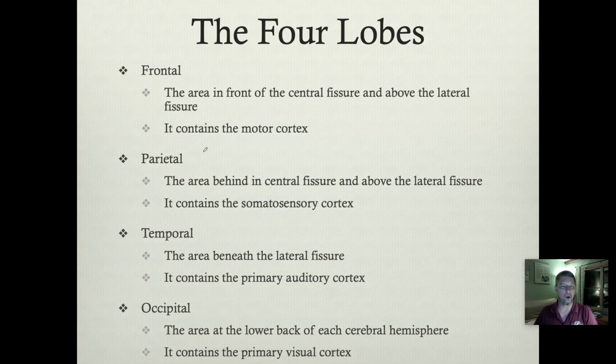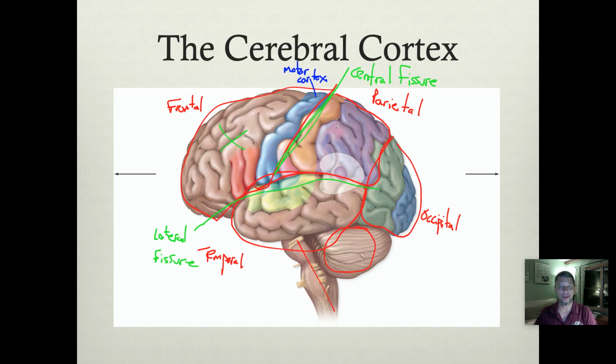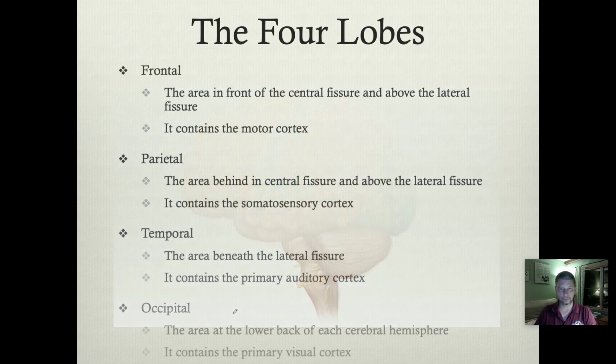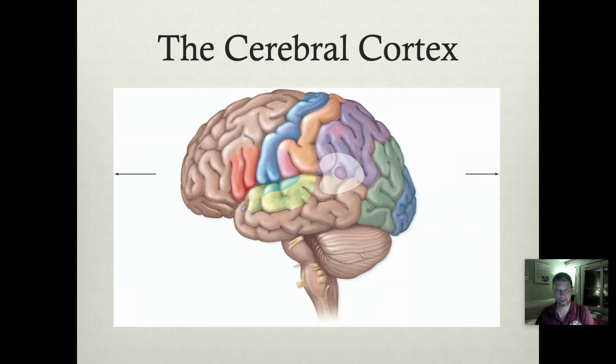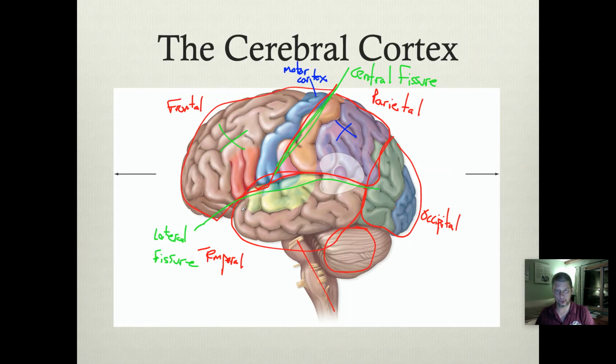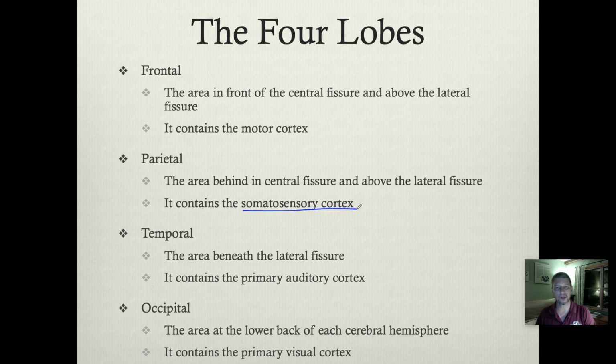The parietal lobe is the area behind the central fissure and above the lateral fissure. And so again, that's this area in here. Okay. Now, it contains the somatosensory cortex.